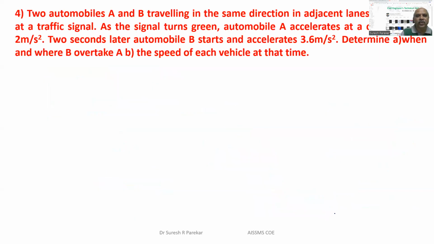Then you can go for the next problem: 2 automobiles in adjacent lanes. So we have the given data. Same direction, adjacent lanes, stopped at a traffic signal, means we have a signal over here.